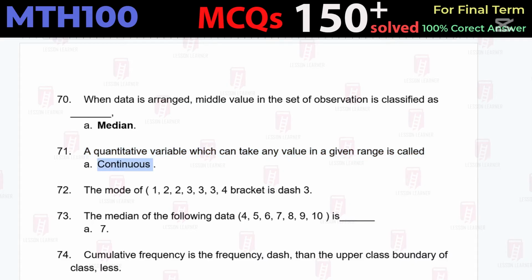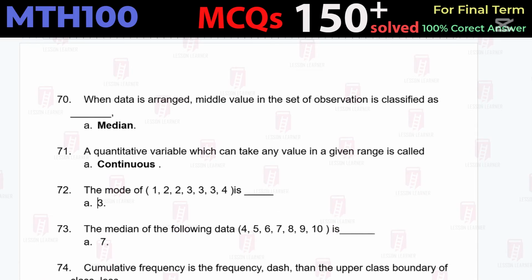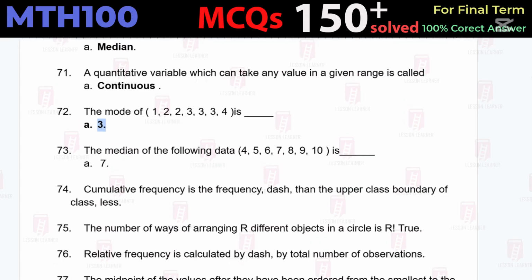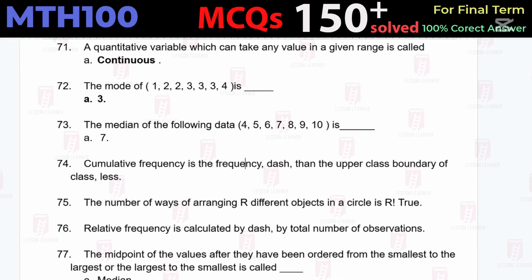The mode of 1, 2, 2, 3, 3, 3, 4 is dash. It's 3. The median of the following data 4, 5, 6, 7, 8, 9, 10 is 7.